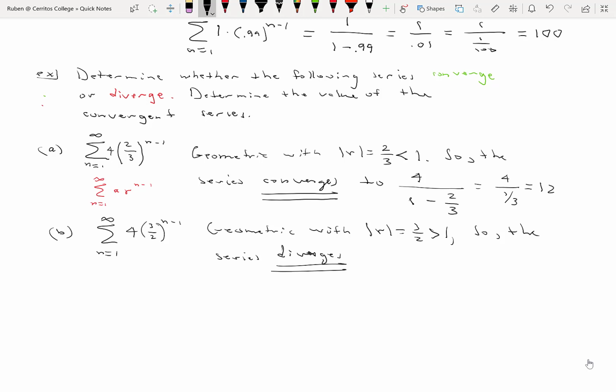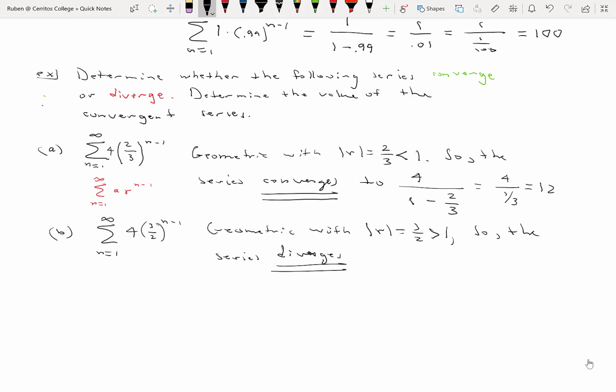By the way, a little bit of a note in terms of what I expect you as a student to write on homework, and just as importantly on an exam, is when you're asked to determine whether a series converges or diverges, I would like you to state all reasons for your conclusions.